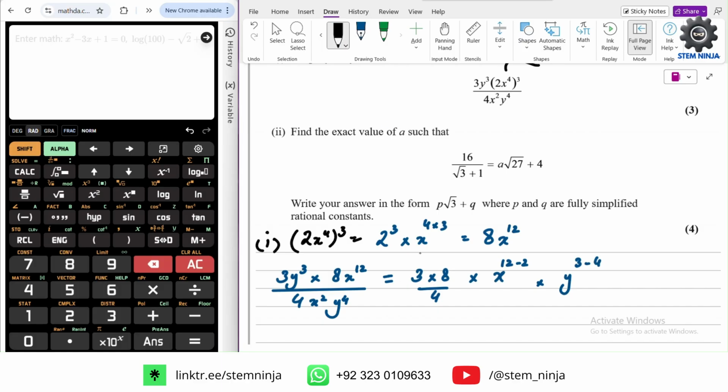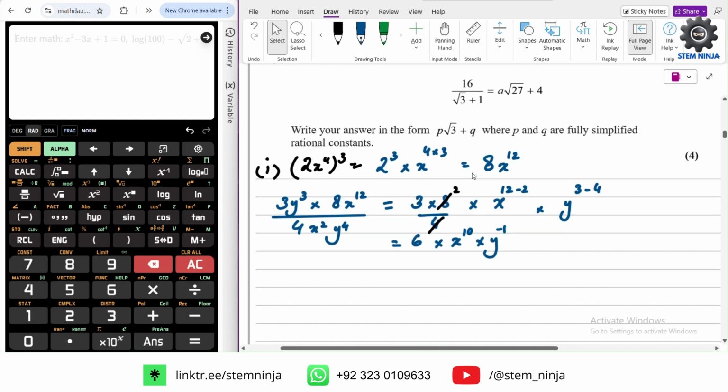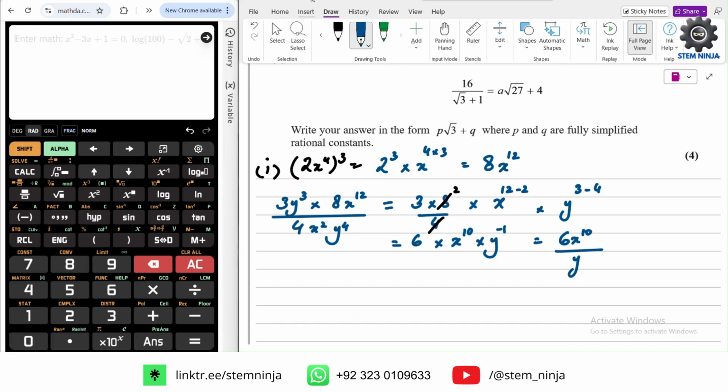So this would become 3 times 8 divided by 4. 4 times 2 is 8, so this would become 6 times x^10 times y^-1. So this would be 6x^10 over y.